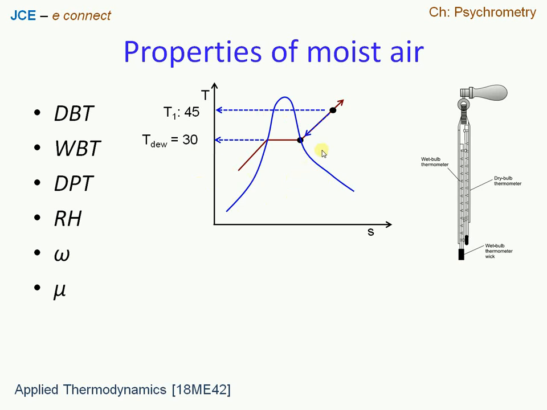The given moisture sample is in the superheated region, and when we cool this sample at constant pressure, as it approaches the saturated vapor curve, formation of dew takes place, and the corresponding temperature is called the dew point temperature. The difference between the dry bulb temperature, given here as T1, and the dew point temperature is called dew point depression.